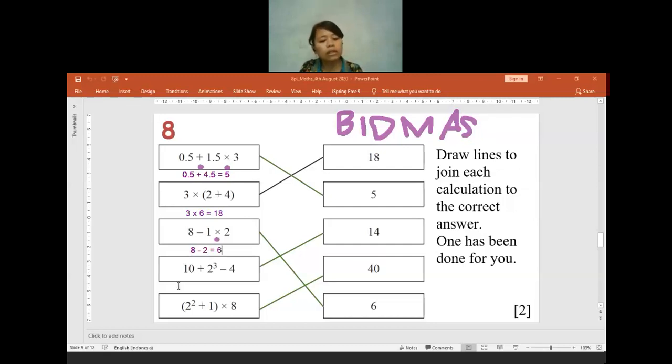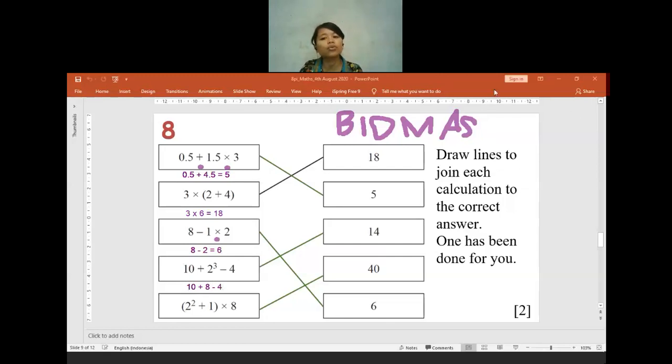Now for the fourth box, we have addition, we have indices, we have subtraction. Using the BIDMAS rule, we have to finish the indices first. Indices is the number with power. So we have to finish 2 to the power of 3 first. 10 plus 8 minus 4. There is an addition and subtraction.